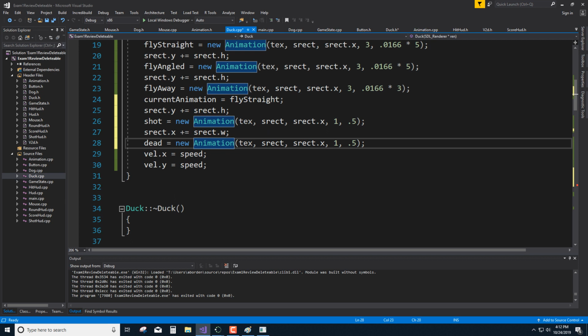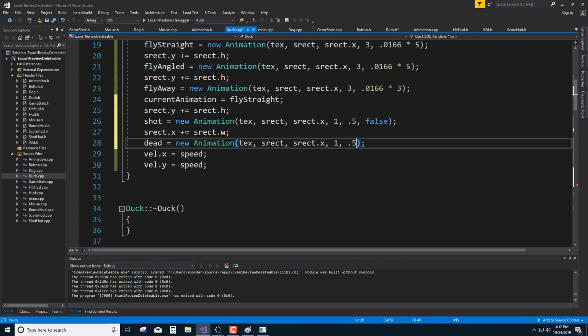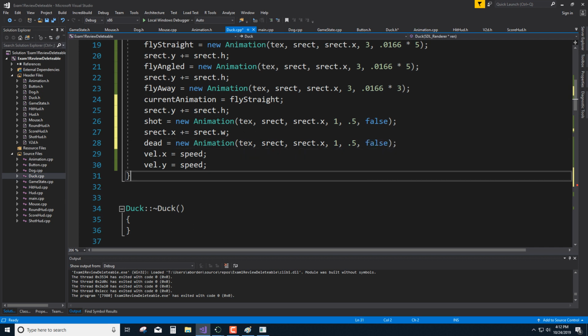Oh, we can set this thing to false because we don't loop. That will keep it from tripping back and forth. Now we'll still have to deal with him flipping left and right when he's dead, but we'll deal with that in the dead state.